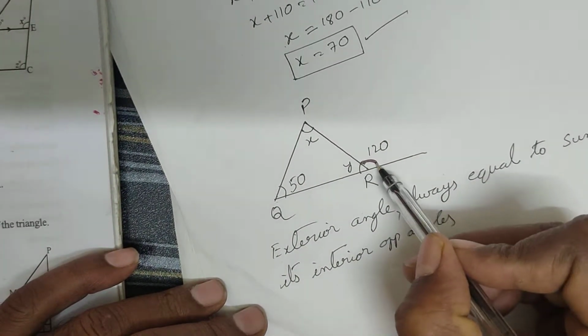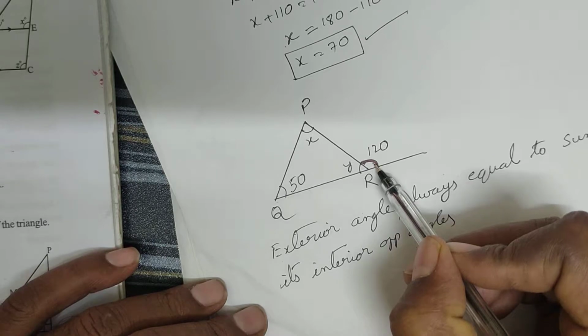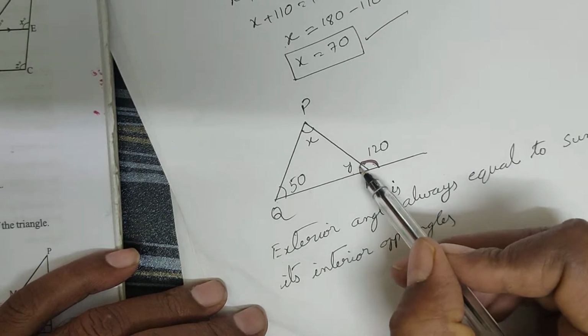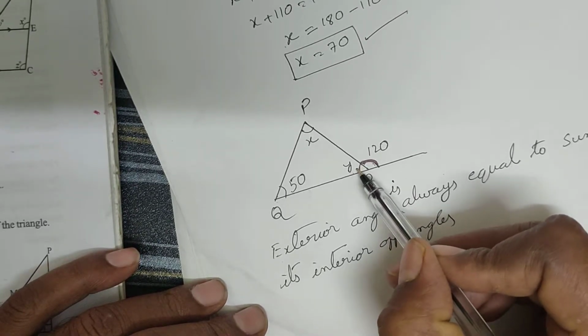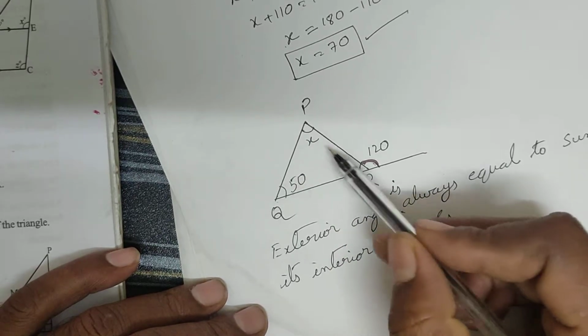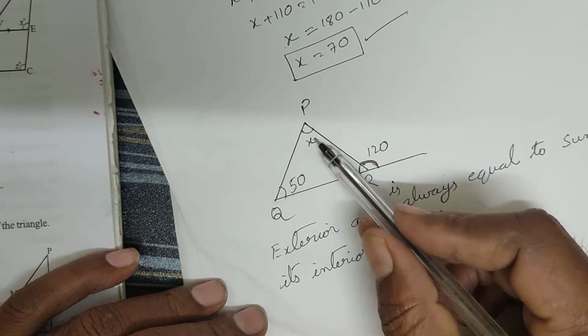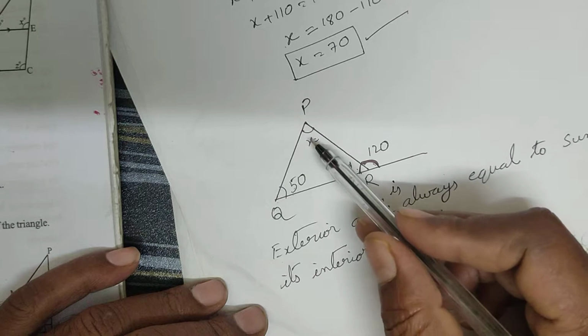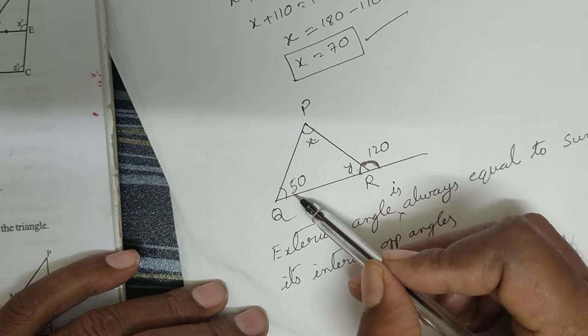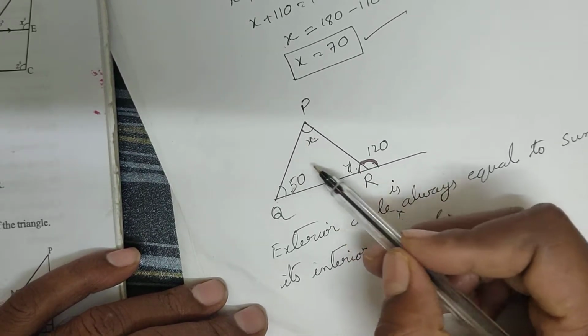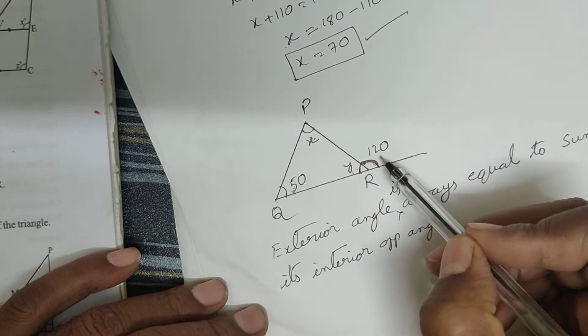What is 120? Exterior angle. What is its interior angle? y. For y, what are the angles opposite to y? x and 50. So this x and 50 if you add, you will get that result, that sum is equal to how much you will get?